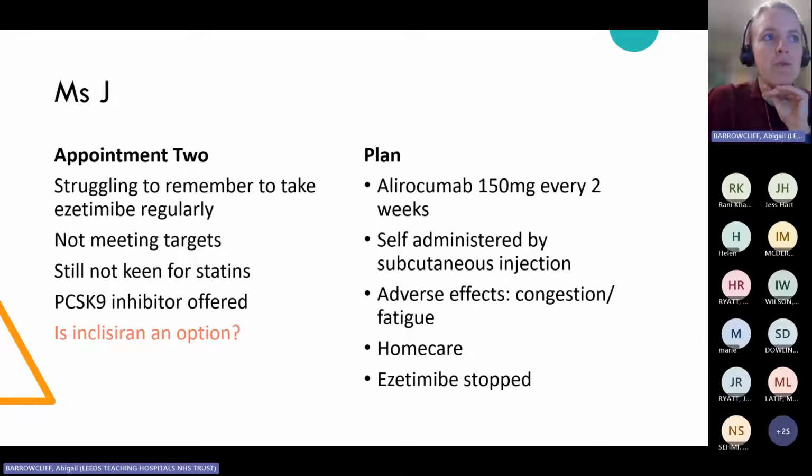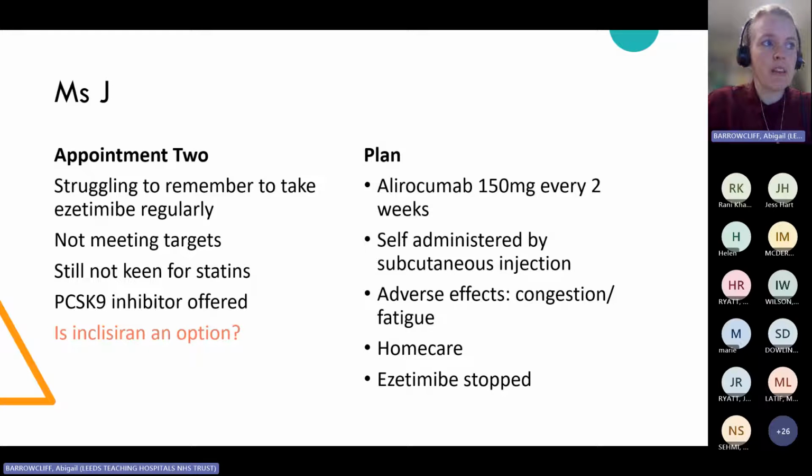So this automatically rules out treatment with bempedoic acid. So next on the list to think about are inclisiran and PCSK9 inhibitors as the 2 injectable therapies available in the UK. Inclisiran is not an option for Ms. J, as the NICE TA only recommends its use in people with established cardiovascular disease, i.e. for secondary prevention.